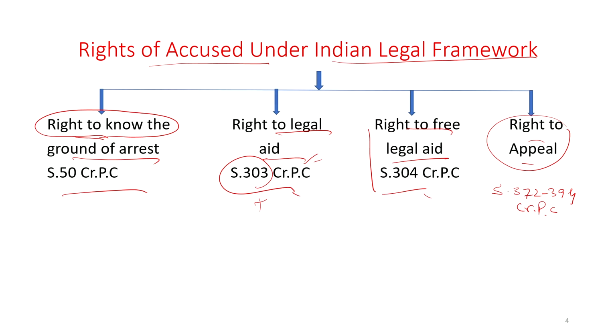Another important right which an accused can claim is the right to appeal. Dear students, as you might be aware, the right to appeal is a statutory right, and it is specifically provided in section 372 of the CrPC, that unless otherwise provided in this code, no appeal shall lie against an order of the court.